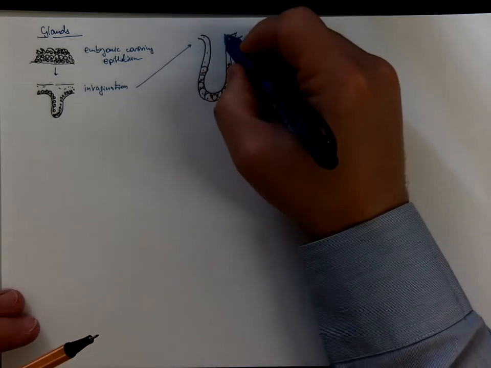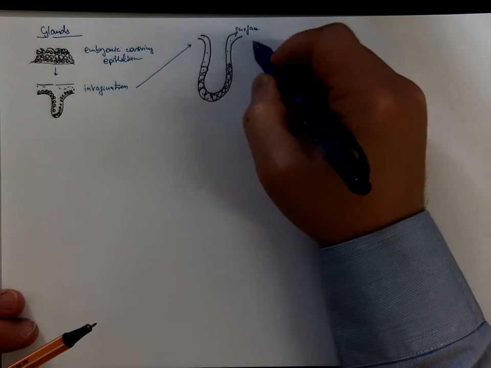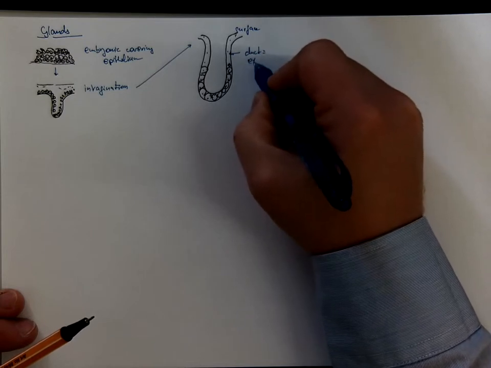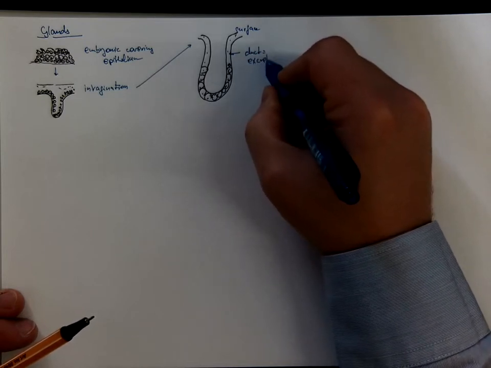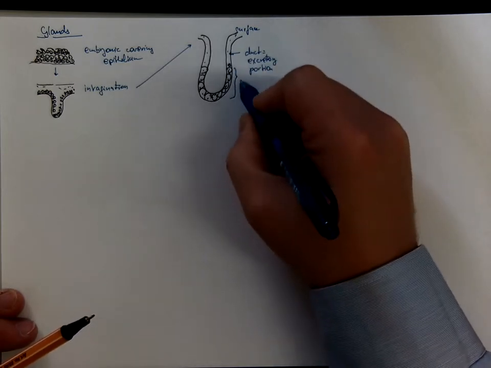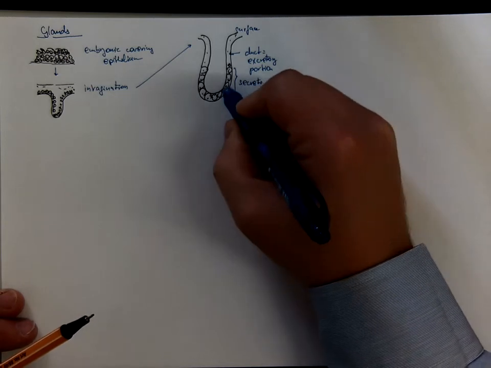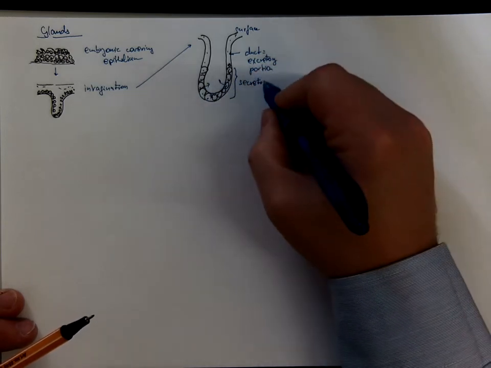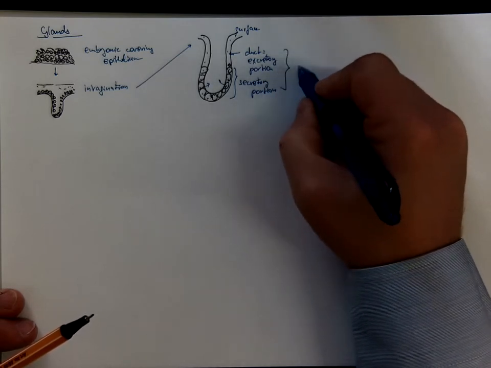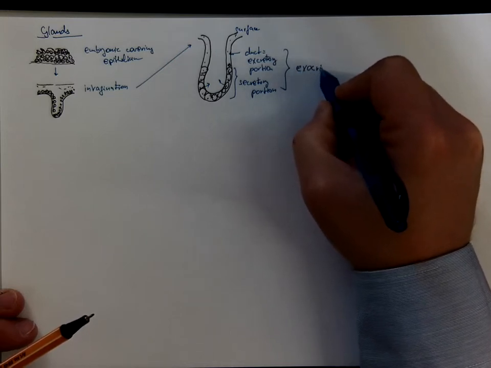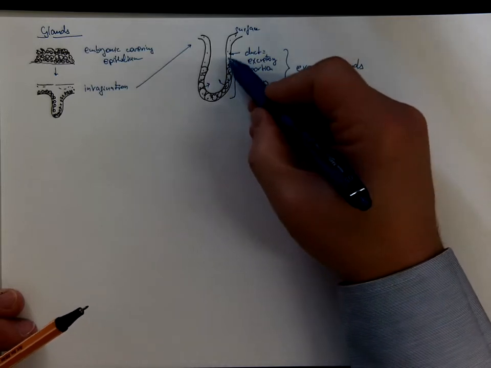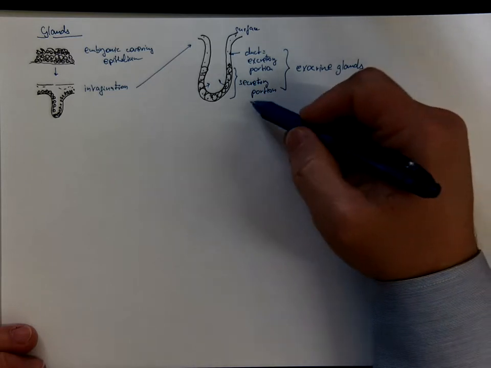So we have the surface here, we have the duct, or you might call it the excretory portion, and you have the secretory portion that produces some secretion. These glands are called exocrine glands. So once you find a duct in your slide, you might be pretty sure you are looking at some exocrine gland.